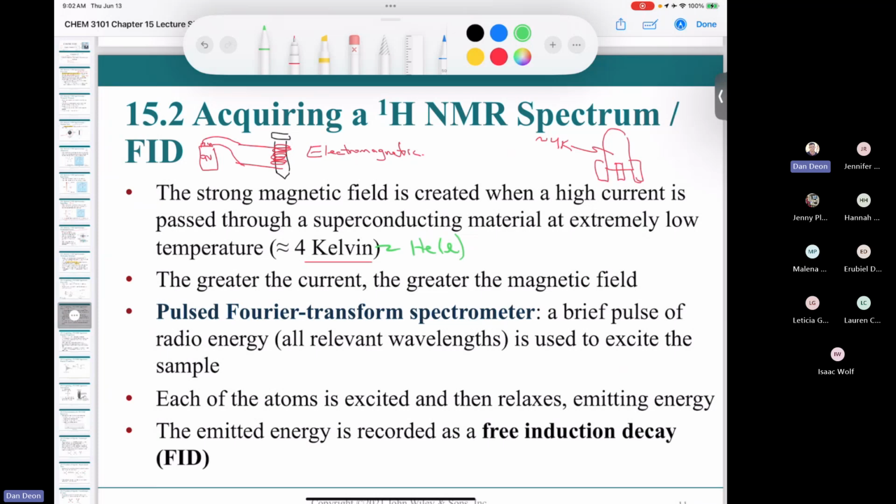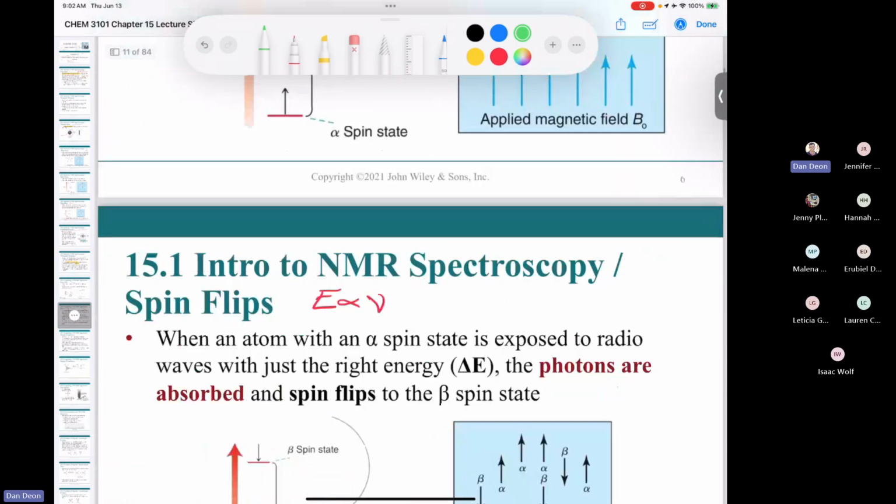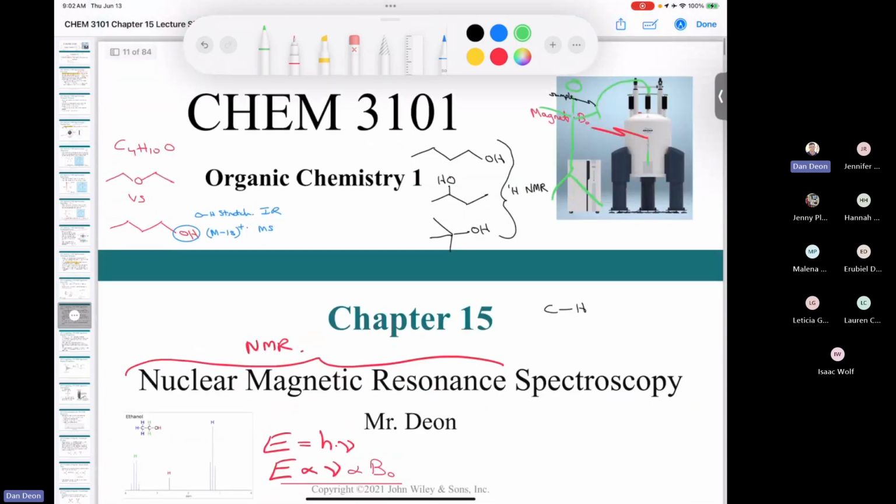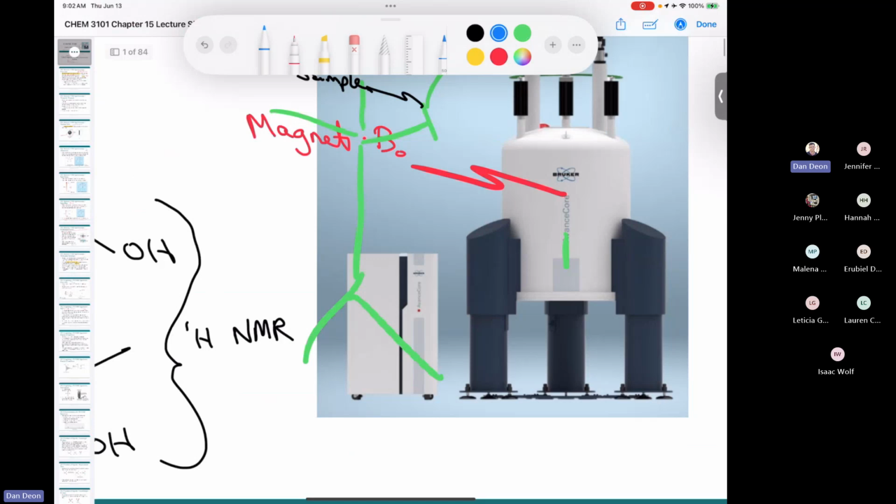So it's pretty close. Now, if you're wondering how they keep it that cold, it's inside a jacket of liquid nitrogen, which is at 77 Kelvin, and then they have another jacket outside. So if you go back to the spectrometer, inside you've got the liquid helium, and then that's inside a jacket of liquid nitrogen.